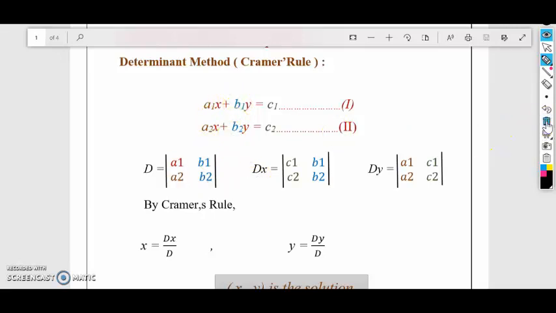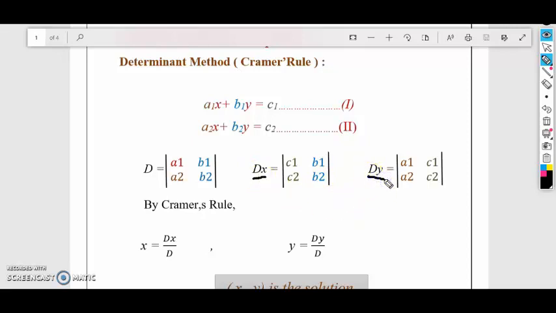By solving we get the value of D. How to write Dx, the second determinant? The coefficients of x, a1 and a2, are replaced by the constant terms c1 and c2, and the coefficients of y, b1 and b2, stay as they are. By solving we get the value of Dx.